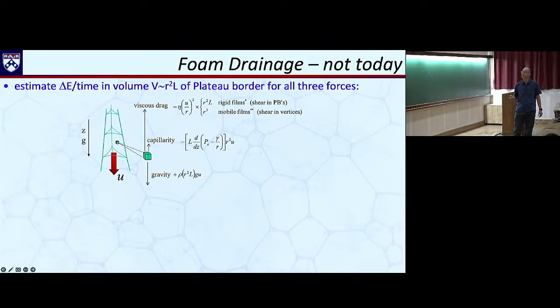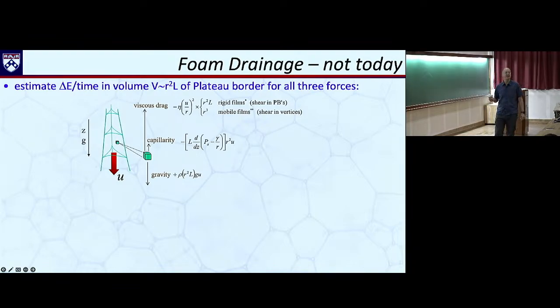So if you focus in on a little chunk of fluid, you can ask what forces act upon it, and there's 3. Gravity's pulling it down, and there's 2 forces that are kind of pulling it up. If it's flowing downwards, there's a viscous drag that goes upwards, and usually it's wetter below and drier up top, so there's a capillary force that's pulling it up.